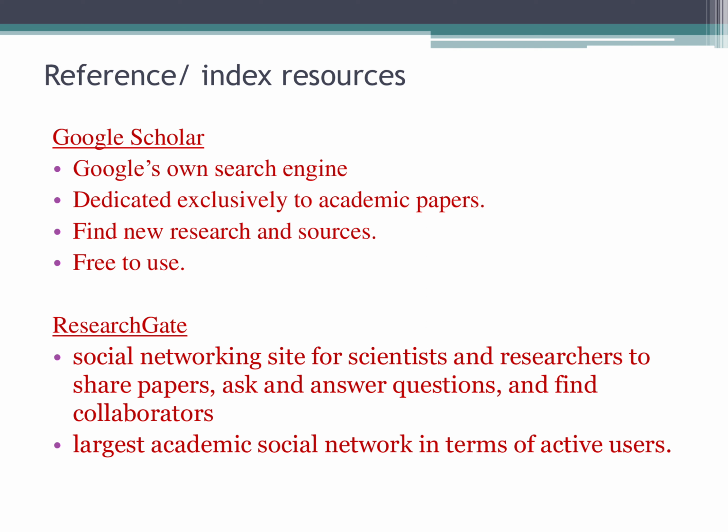So you can get papers and you can also ask your questions there, so that scholars can reply to your questions. And it is one of the largest academic social networks in terms of active users. So if you are an active user on ResearchGate, there are options to interact with scholars as well. So ResearchGate and Google Scholar are two important reference resources. We have more.